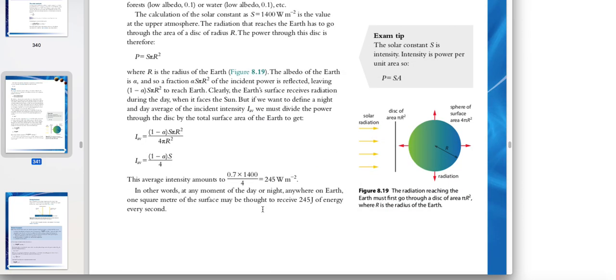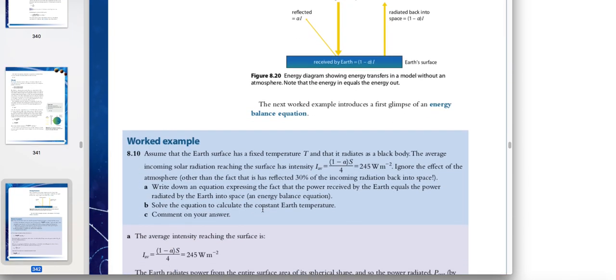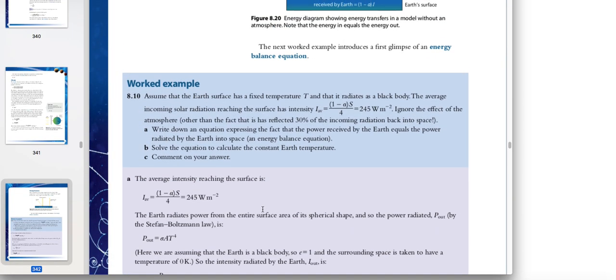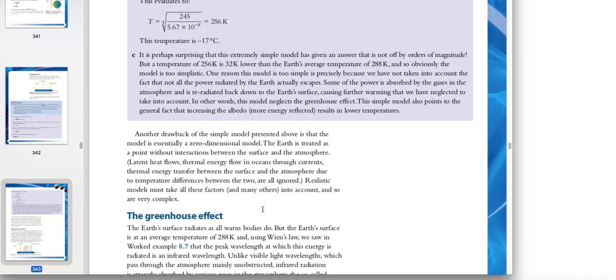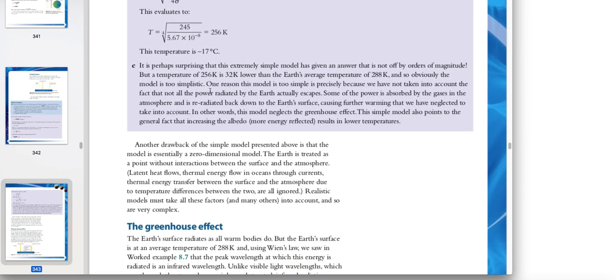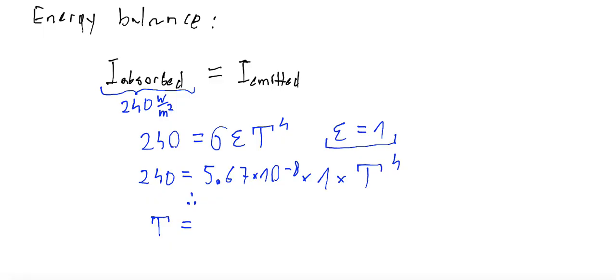Tsokos also calculated this and obtained a result of 256 kelvins, but he used 245 as the intensity absorbed. I have 240, so use your calculator and check it. I'm going to use the same answer as in Tsokos, 256 kelvins.